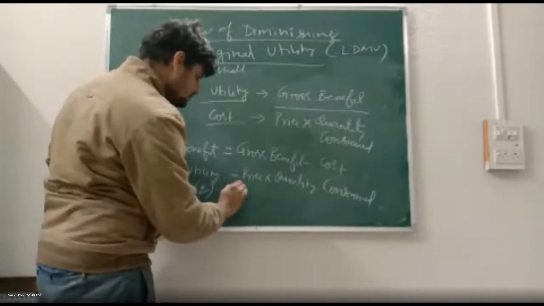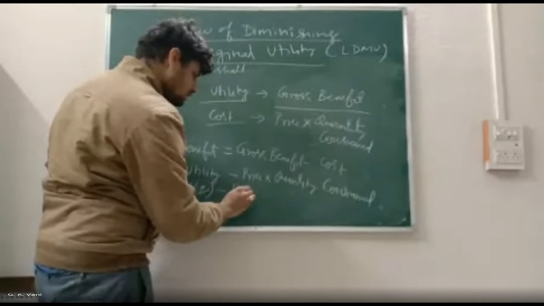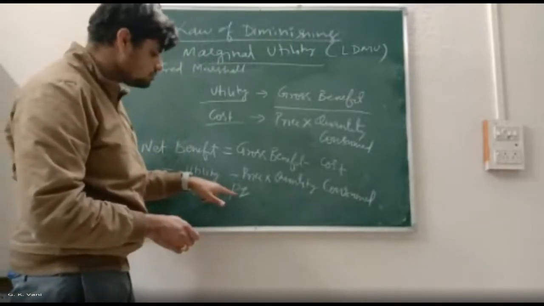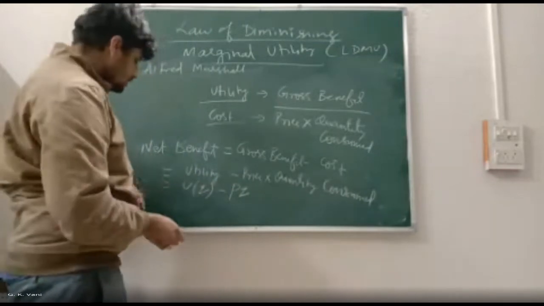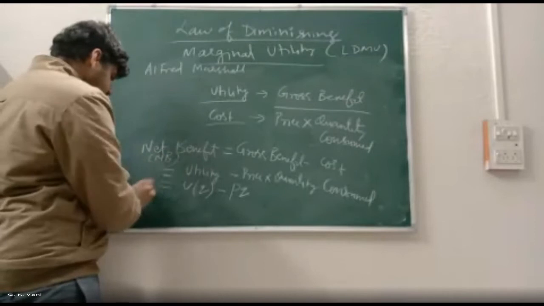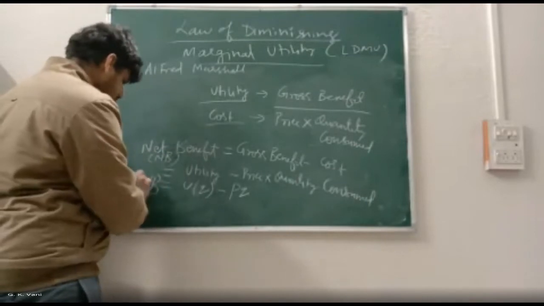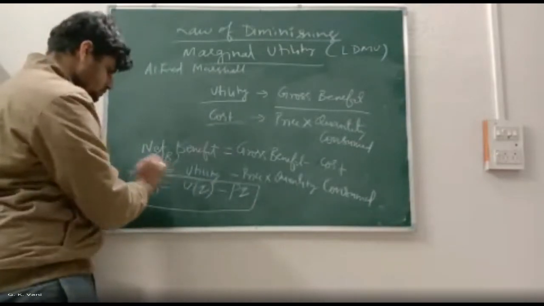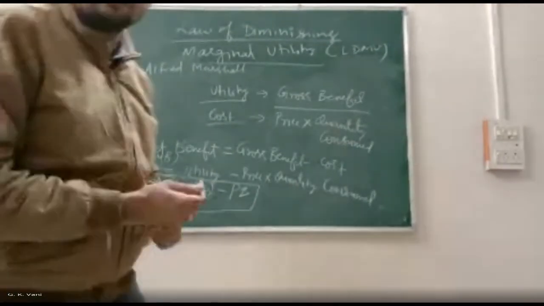Minus P is the price, Q is the quantity consumed. PQ, okay? P times Q is PQ. Done? And net benefit we write as NB. So I can write NB is equal to this. Can we write like this? Yes, sir. Okay.